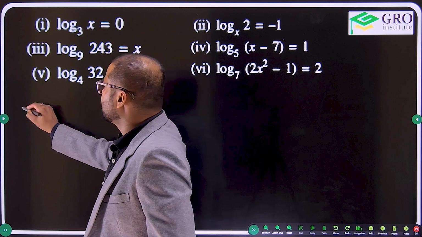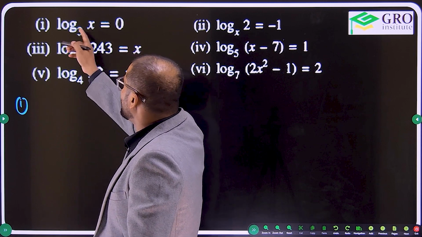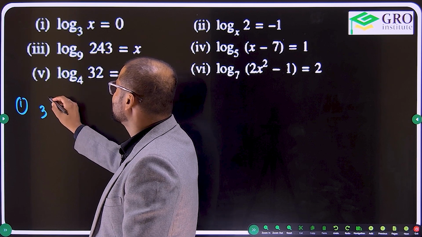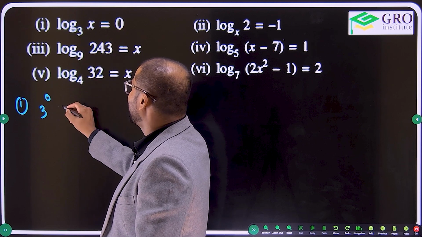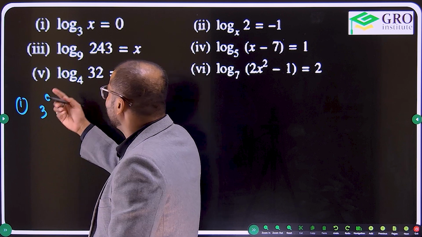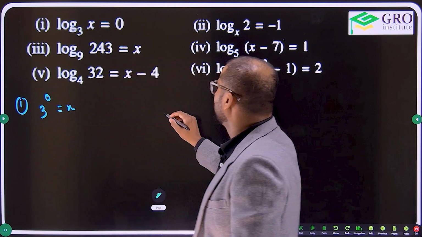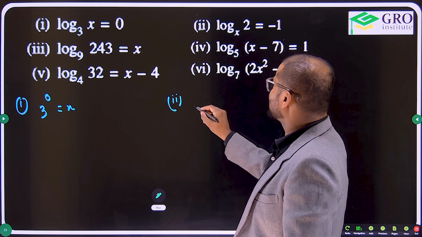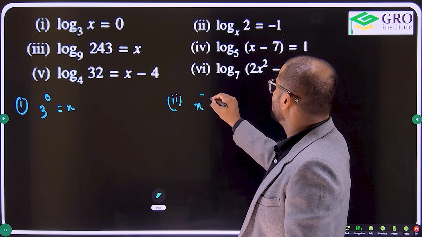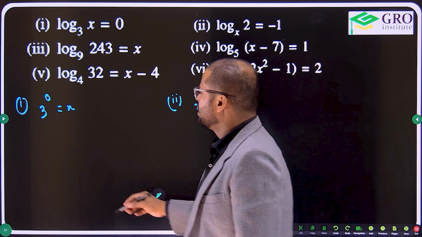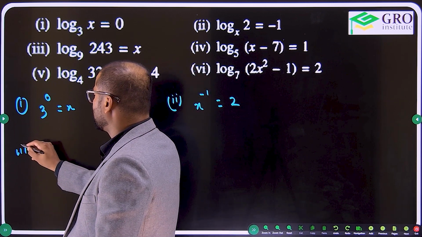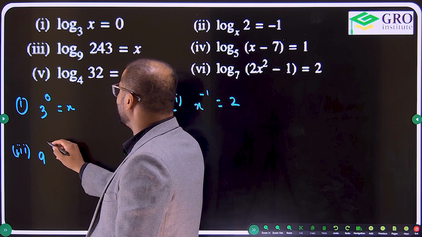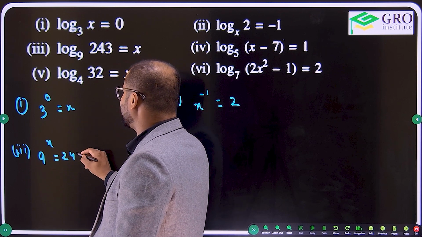First question, they are saying that log x with base 3 is equal to x. Base remains base, power is this, and yes, it is x, right? We'll talk about answer later. Okay, now question number 2, right? Base remains base. This is minus 1 and it is 2. Again, base remains base. 9 to the power x is equal to 243.